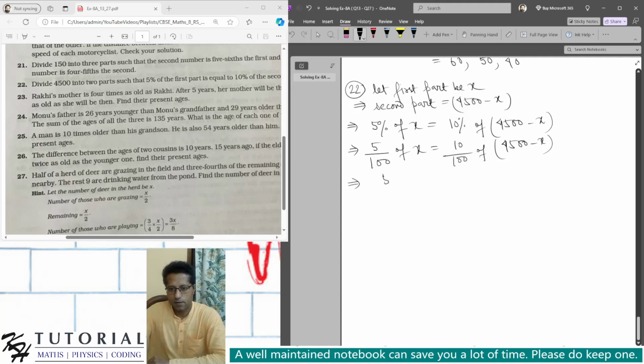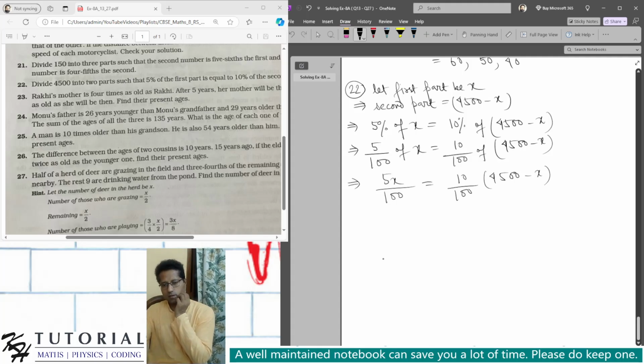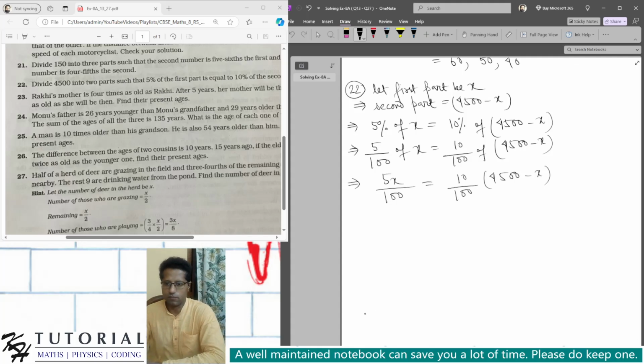So we get 5x by 100 is equal to 10 by 100 multiplied by 4,500 minus x. This is the equation we need to solve.